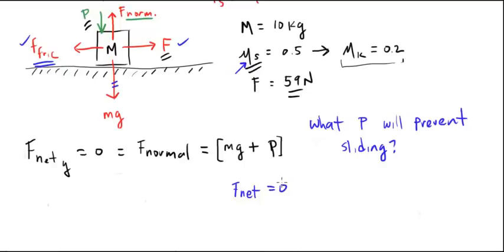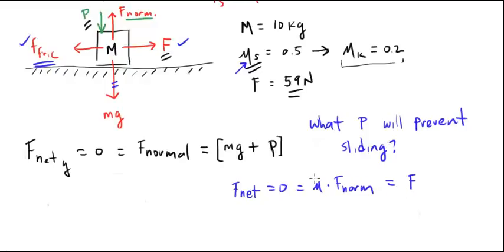If it doesn't slide, there's no acceleration. That means zero net force. So we need a situation where F net is 0, meaning mu times F normal must be equal to the pushing force F.